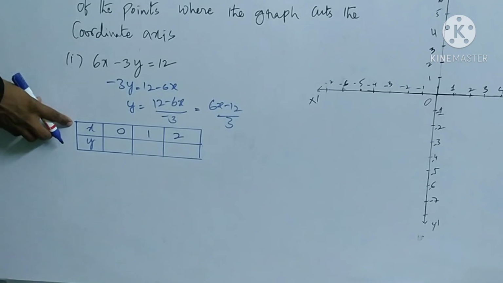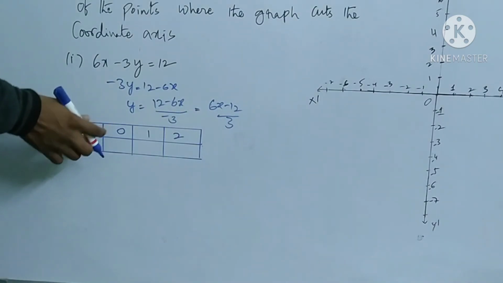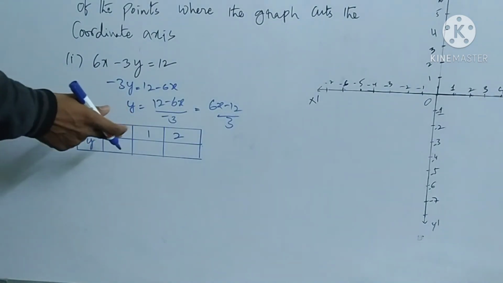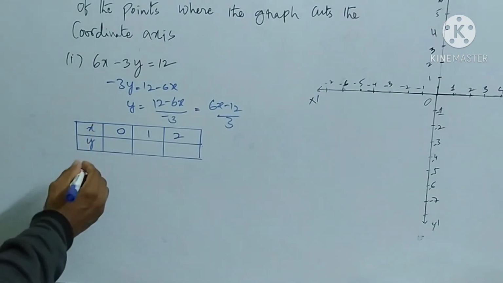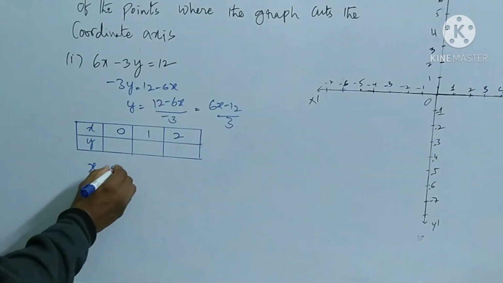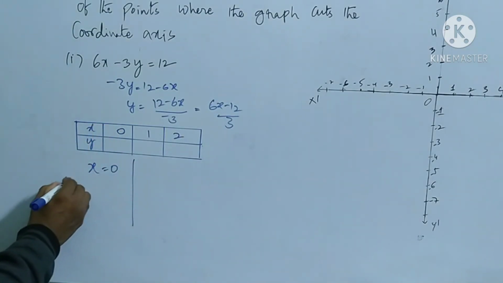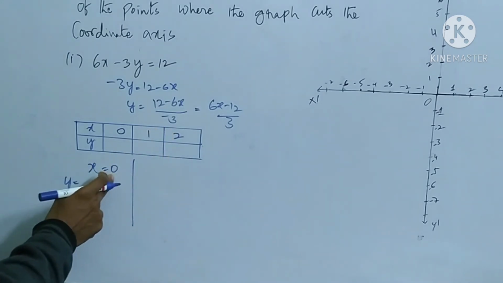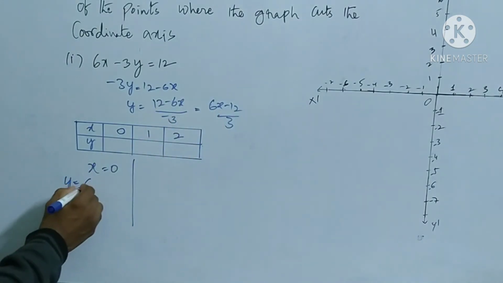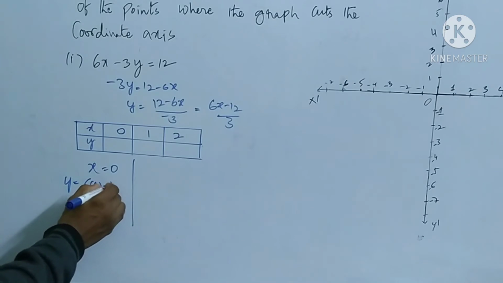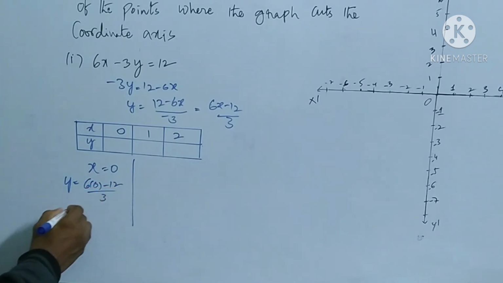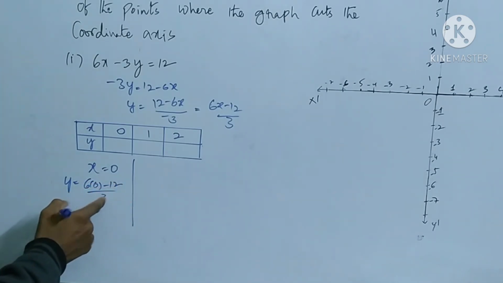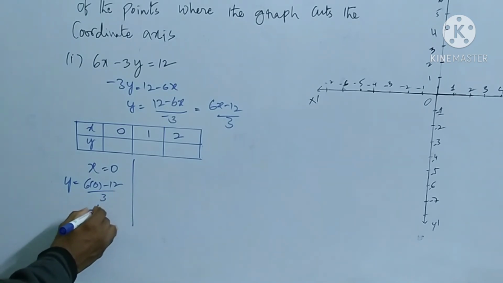Here I have to substitute x is equal to 0, 1 and 2. When x is equal to 0, y is equal to (6 into 0 minus 12) by 3, that is minus 12 by 3, which is minus 4.